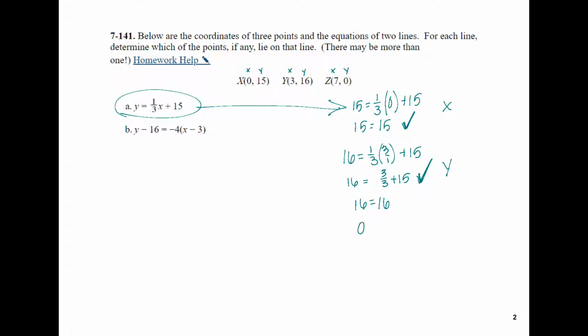When we test to see if z is a coordinate, we're going to replace our y with our y value, replace our x with our x value, multiply straight across, 7/3 plus 15, and we notice that 0 is not equal to 7/3 plus 15. So z is not on the first line.